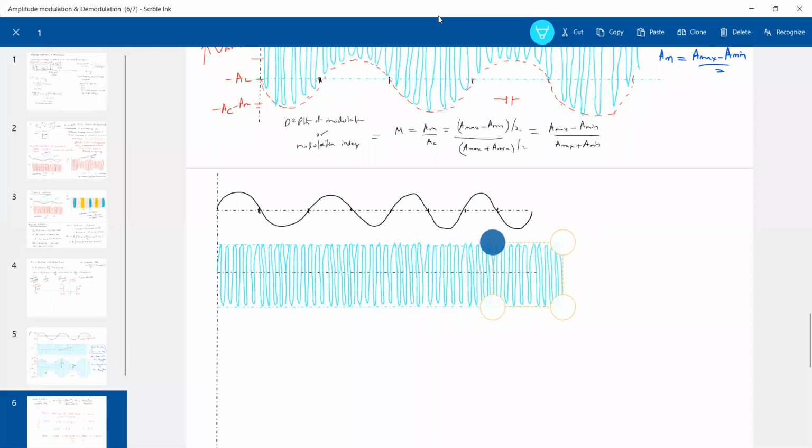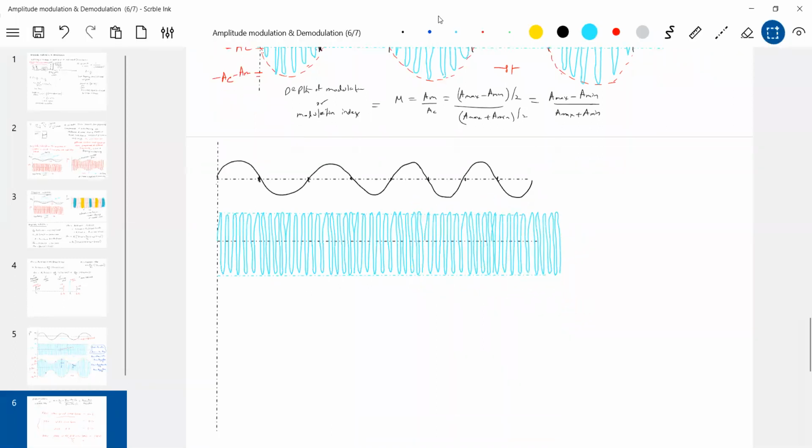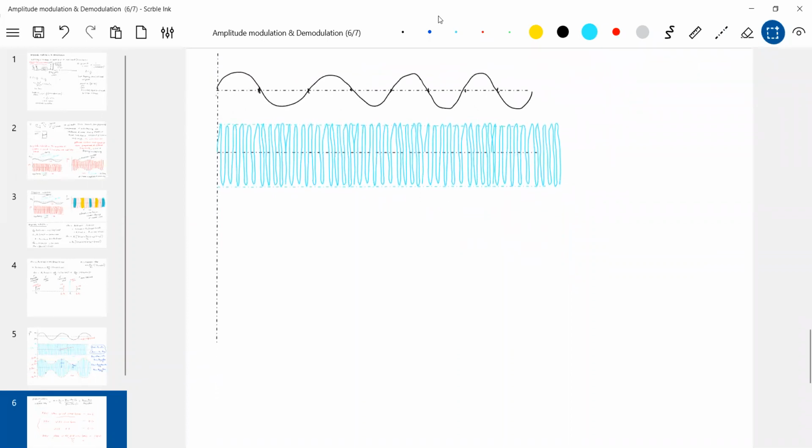Okay, there's a carrier wave. For different values of mu, now we'll show the amplitude modulated wave. First one, mu less than 1.